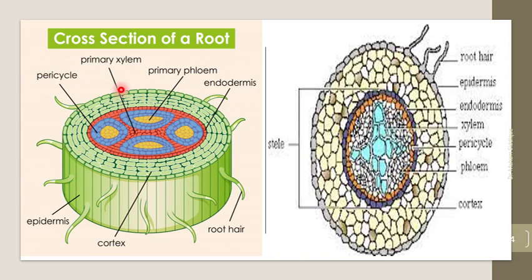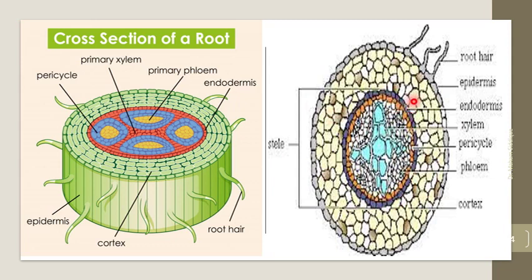Pericycle is a thin layer of plant tissue between the endodermis and the phloem. On the other hand, we can see a diagram of root structure with its cell structure.